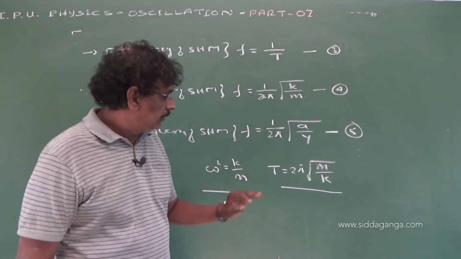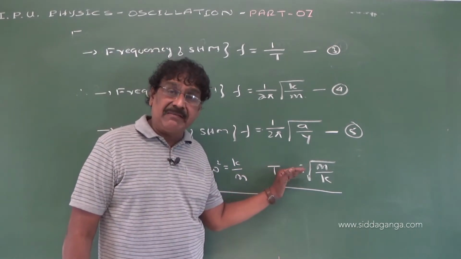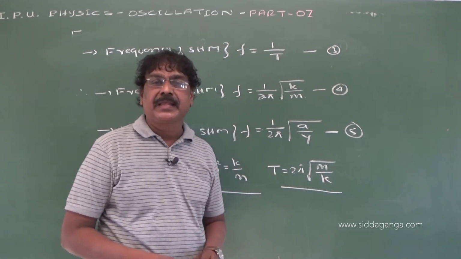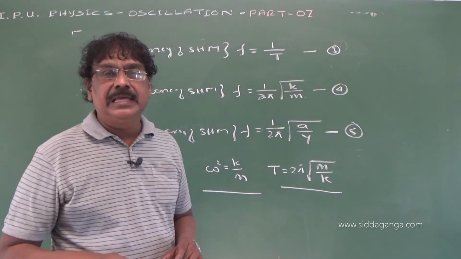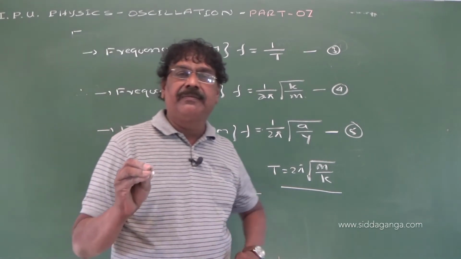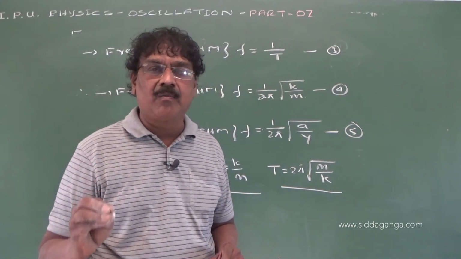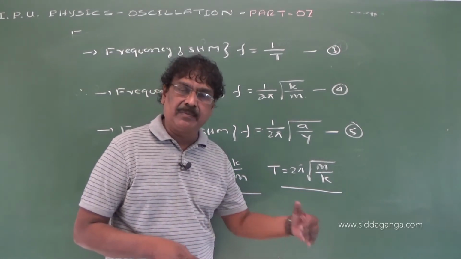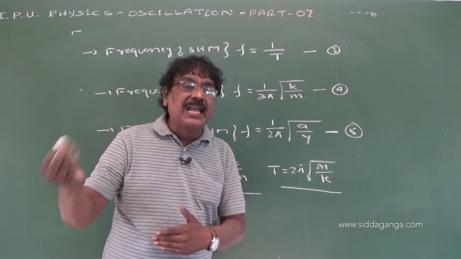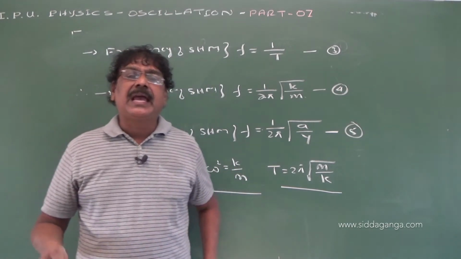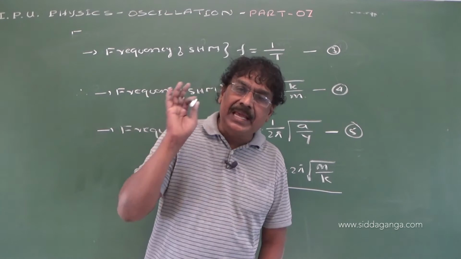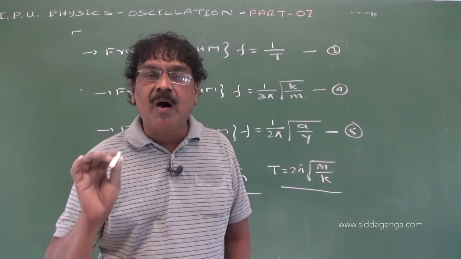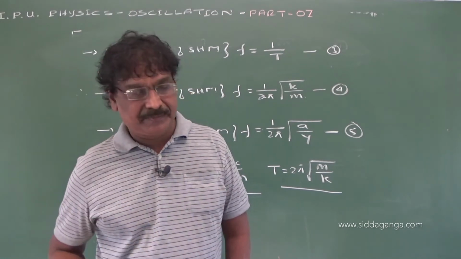What is this equation T is equal to 2π times the square root of m by k? It is the period of simple harmonic motion. Where can it be applied? It can be applied to any body that is executing simple harmonic motion.